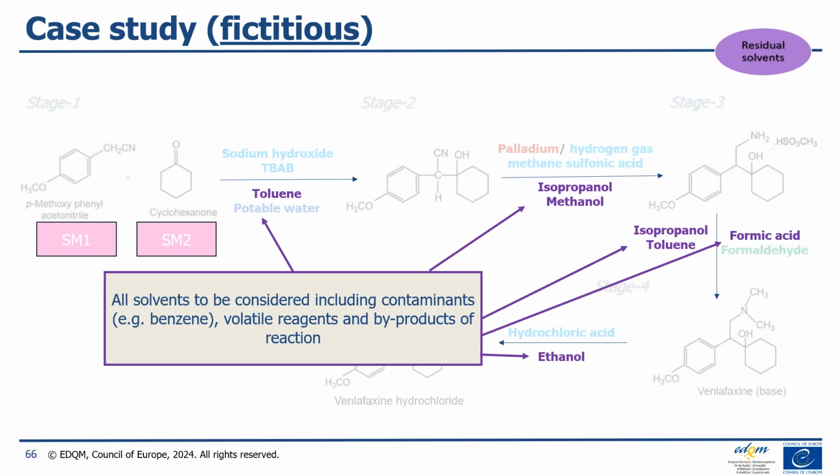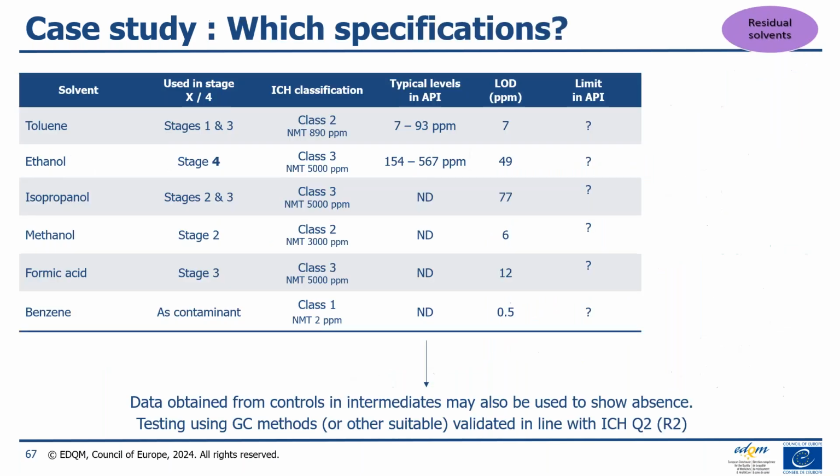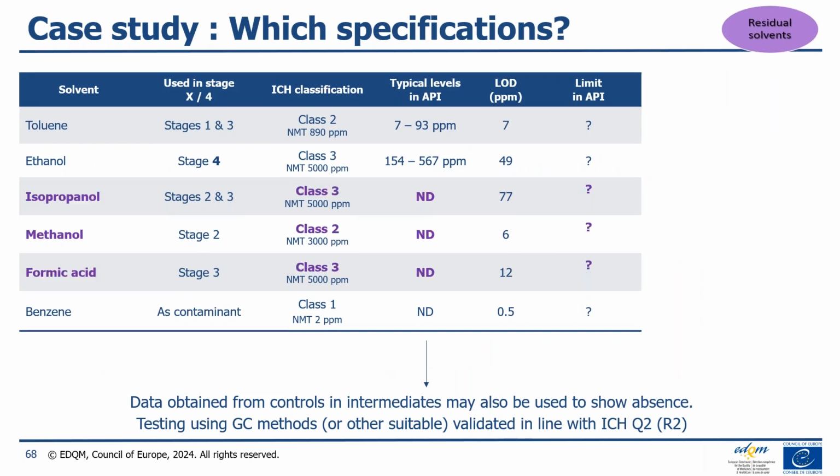Okay, we have to consider all the solvents that have been used, also potential contaminants like benzene and volatile reagents and byproducts of reaction sometimes. Let's see this example of venlafaxine. So there are 6 solvents that have been identified.